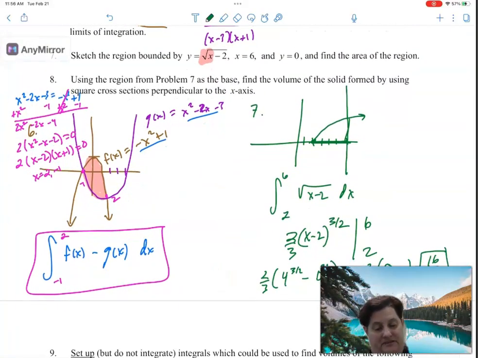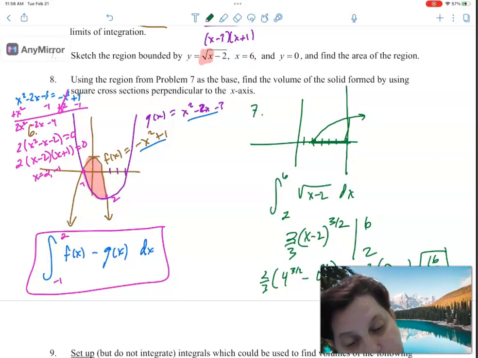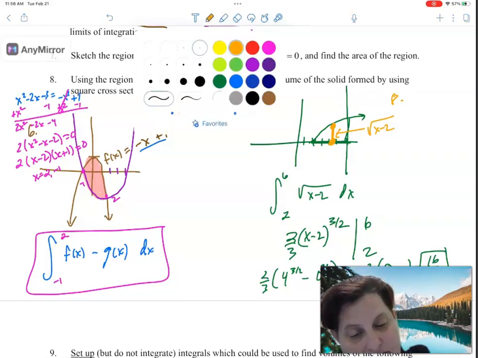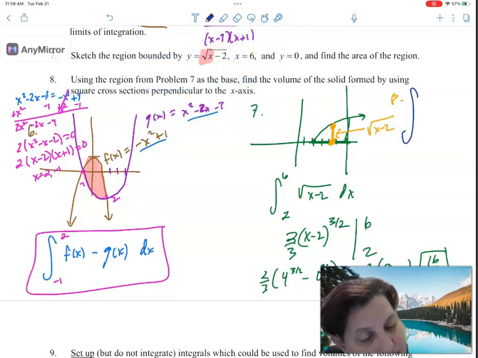Now, using problem 7 as the base, find the volume of the solid with square cross sections perpendicular to the x-axis. Well, my cross section right here, the base of that square is the square root of x minus 2. So for number 8, it's going to be the integral of the area.